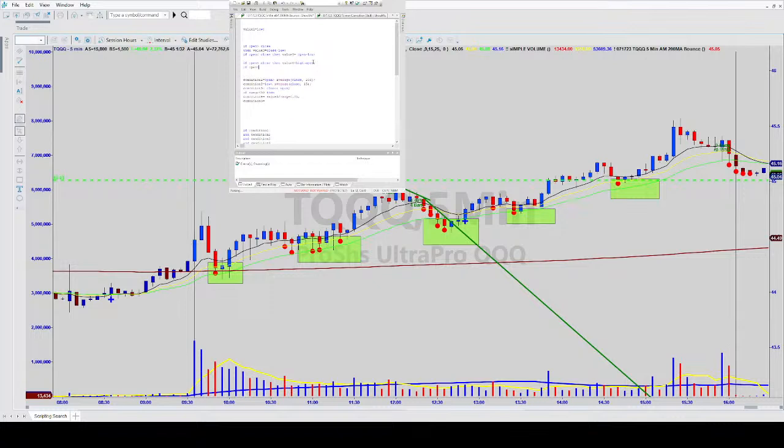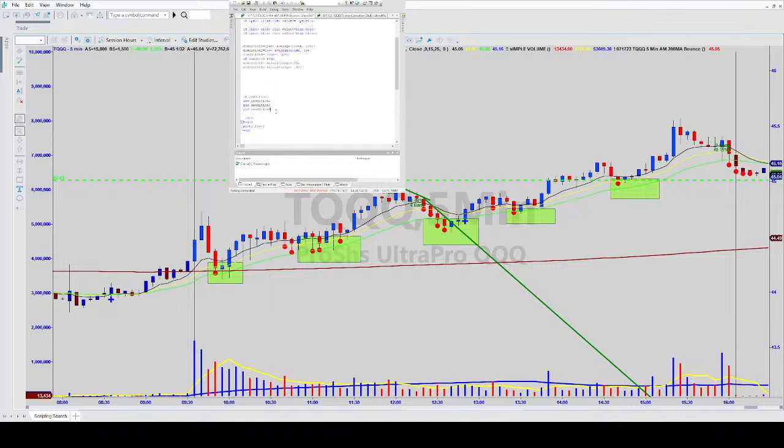If open is less than close, then value 4 equals high minus close. Okay, so then value 4 over range, it's got to be less than at least 30% of the range.